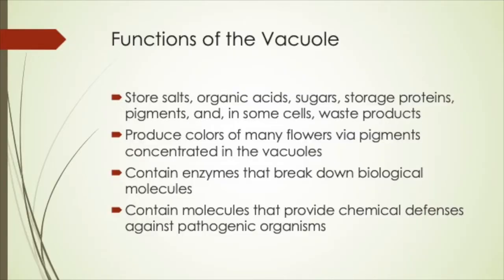Functions of the vacuole. All of that cell sap inside is mostly salts, organic acids, some waste product, sugar. There's also some pigments inside. If you have any type of purple plant or some type of bluish flower, what's called anthocyanins is inside, and that's going to be inside that vacuole.